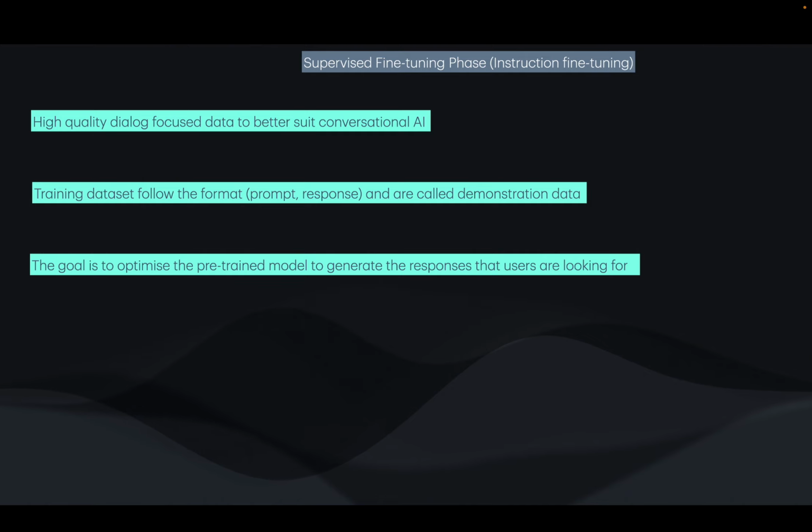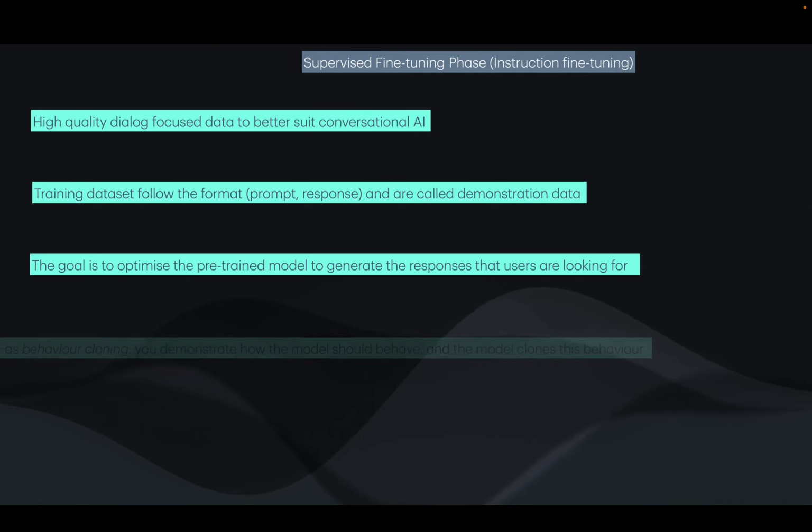If a user asks a question to this model, the model will understand the context of the question, and it will give a better result compared with the first pre-training phase, right? So the goal is to optimize the pre-trained model to generate responses that users are looking for.